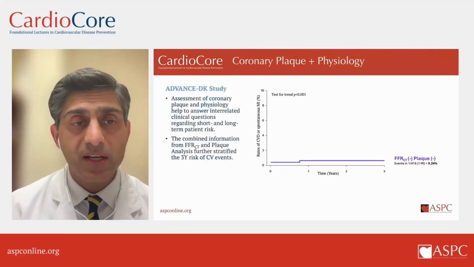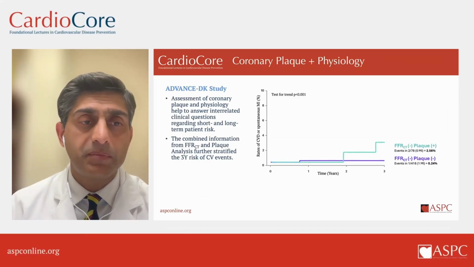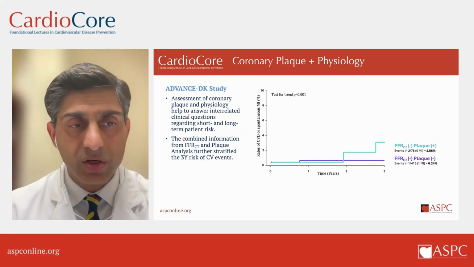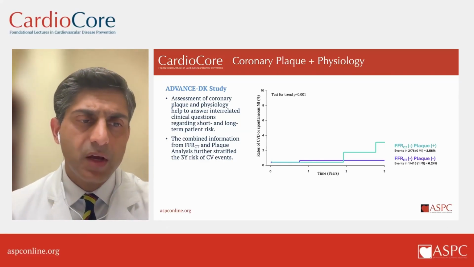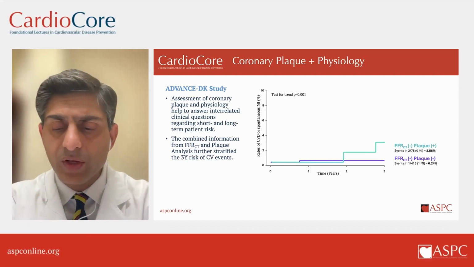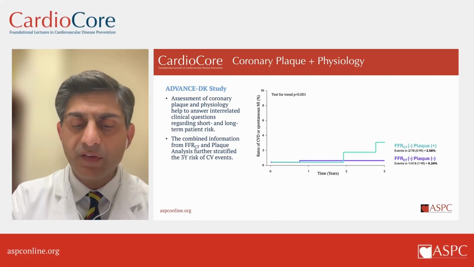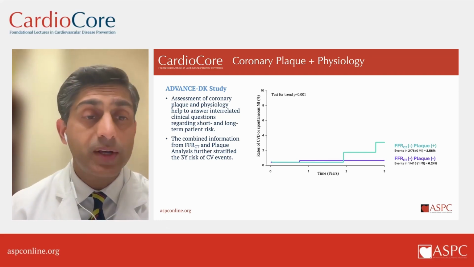So I think the ADVANCE-DK study is really a nice trial looking at the assessment of plaque and physiology to answer some of these questions. This is a prospective trial, 841 patients, looking at the combined information of FFR and plaque analysis together.